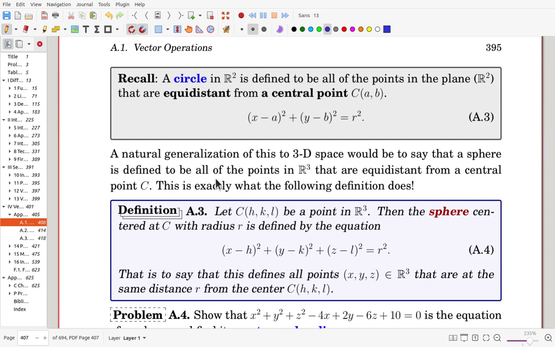A circle is defined to be all of the points in the plane that are equidistant from a central point. And again, this one is obtained from the Pythagorean theorem.